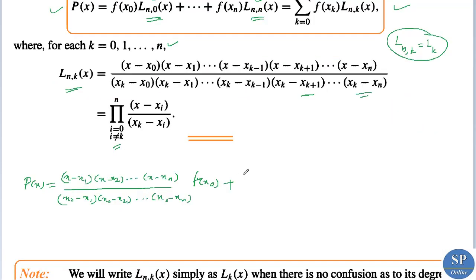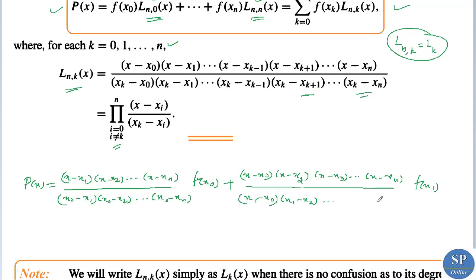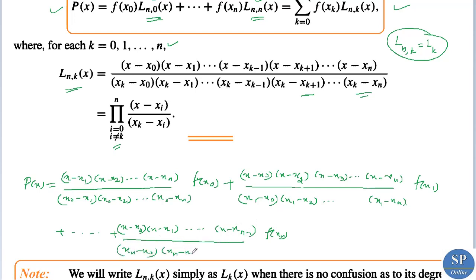That is, L1 is (x minus x0), x minus x1 is not there, so (x minus x2)(x minus x3), etc., (x minus xn) divided by (x1 minus x0)(x1 minus x2), etc., (x1 minus xn), into f of x1, plus etc. The last term, for i equal to n, will be (x minus x0)(x minus x1), etc., (x minus xn minus 1) divided by (xn minus x0)(xn minus x1), etc., (xn minus xn minus 1), into f of xn.